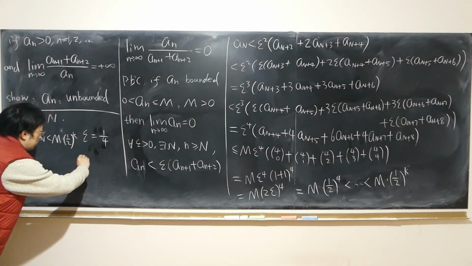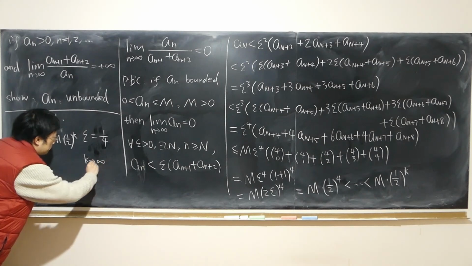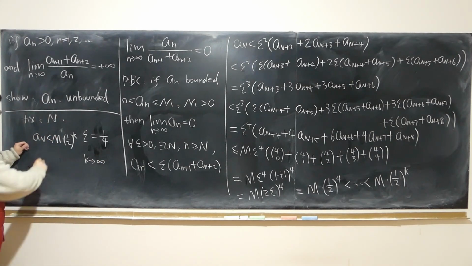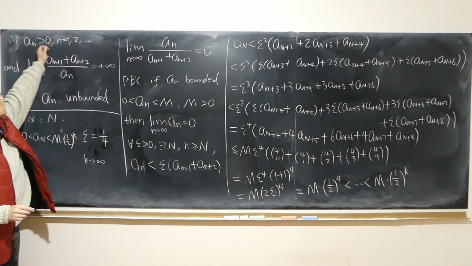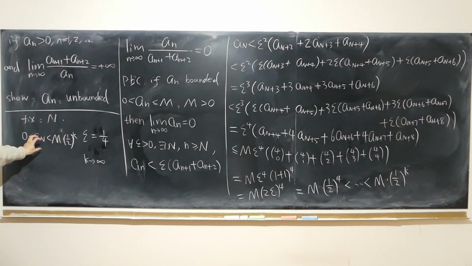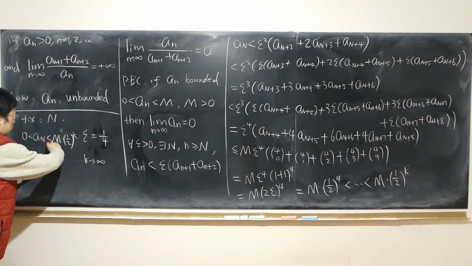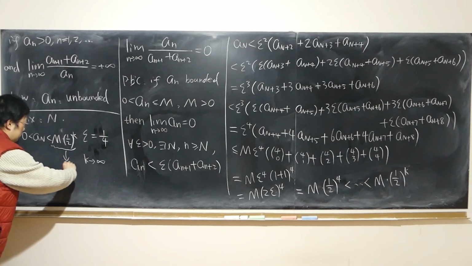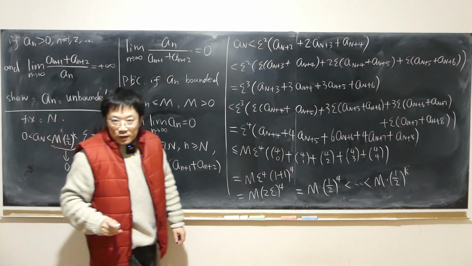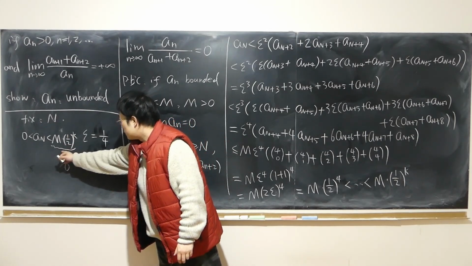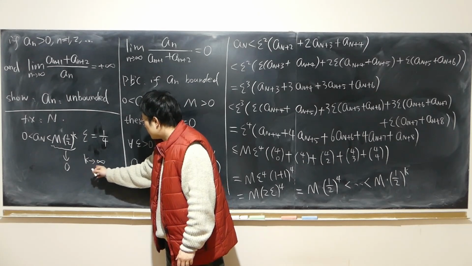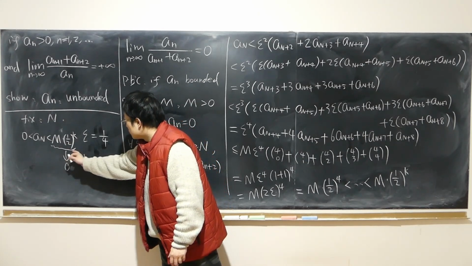Because this is fixed, strictly positive. Every term is given to be strictly positive. Of course, this is a fixed term, strictly positive, but it's less than this. But this is actually approaching 0, because half to the power of k, of course, approaches 0. m is fixed, k approaches infinity, so this is no problem.